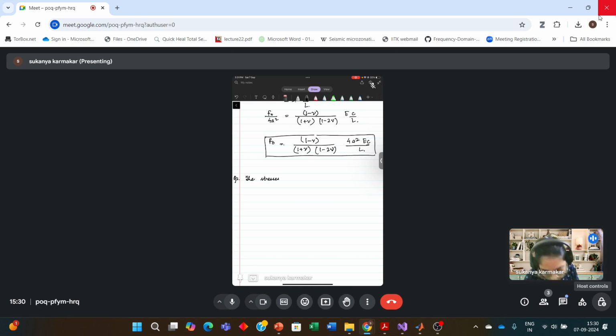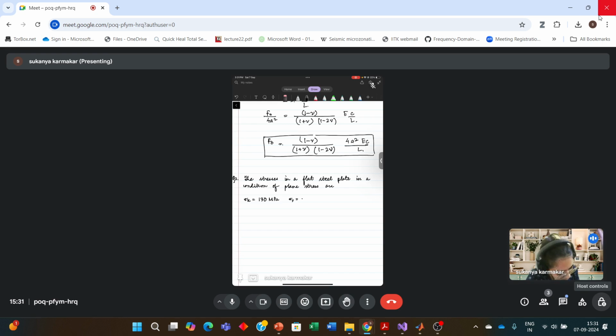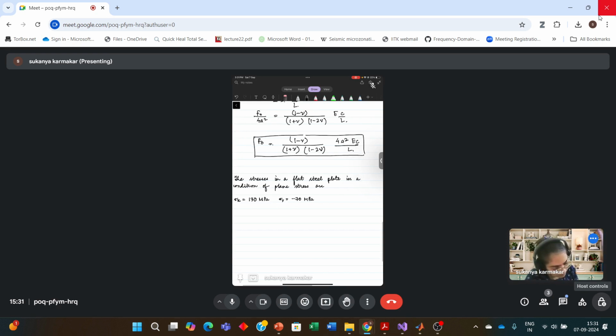The stresses in a flat steel plate in a condition of plane stress are sigma x is equal to 130 MPa, sigma y is equal to minus 70 MPa, tau xy is equal to 80 MPa.